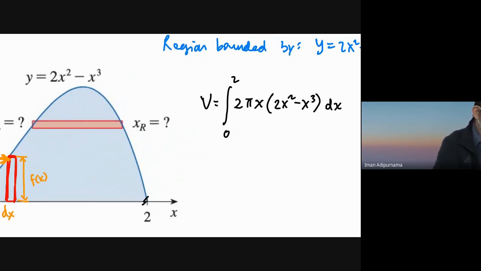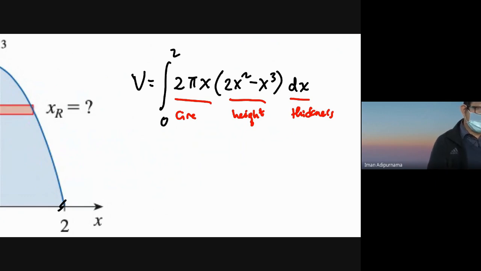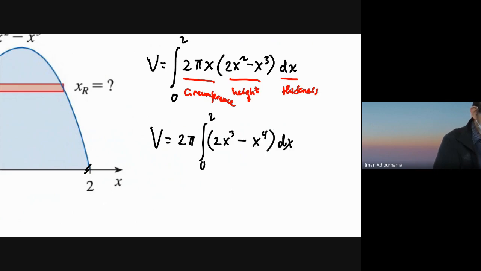Again, if we break this down, this is our circumference, this is our height, this is our thickness. We can evaluate this and multiply the x, and then let's integrate.